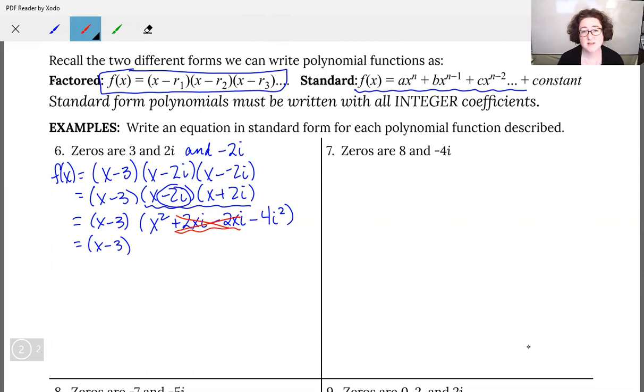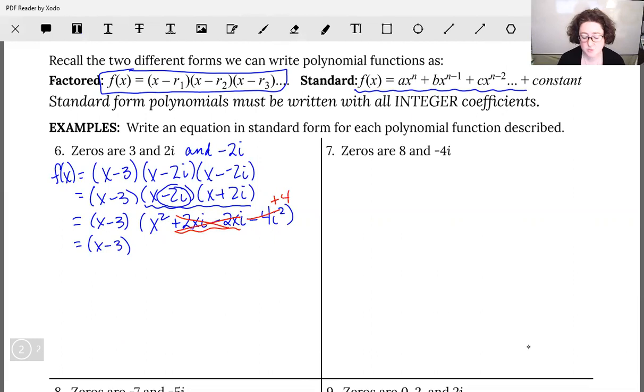Oh, i squared is the same thing as negative 1. And negative 1 times negative 4 would make a positive 4. And so the only thing we're left with in that second expression is x squared plus 4. No more complex numbers. That's the beauty of having to use a conjugate. Everything is going to cancel out in the end.